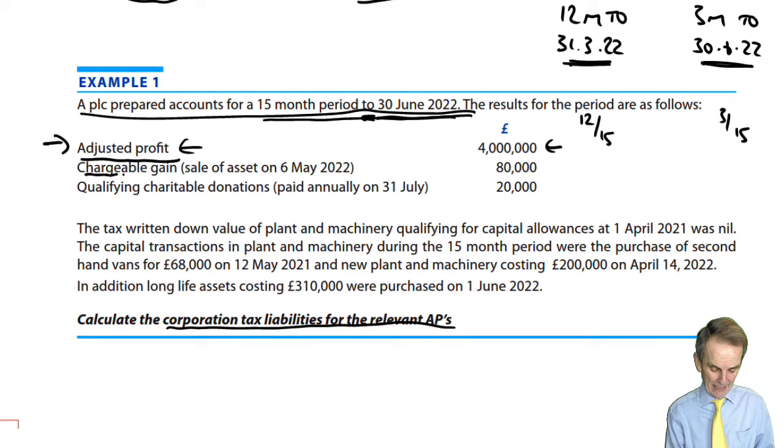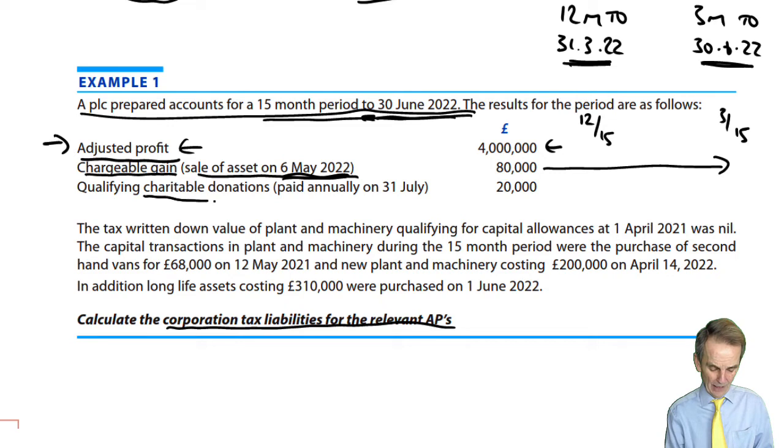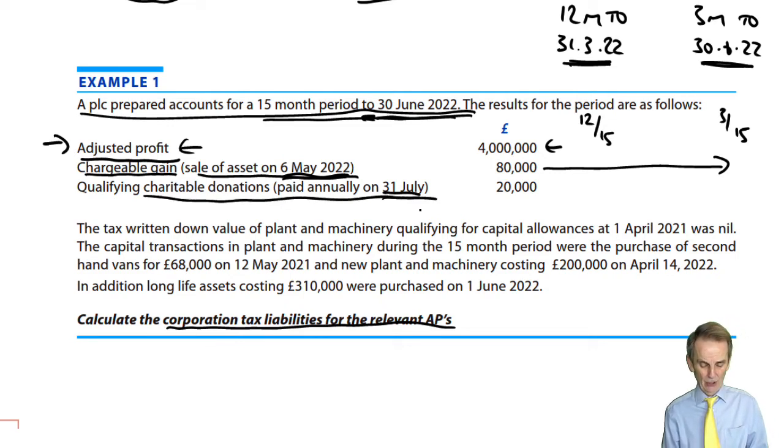The chargeable gain that was made, sale of asset, we look at the date of disposal, the 6th of May 22. Well, into which period does that belong? It doesn't fall in the 12 months to March 22, so that 80,000 is allocated to the second short period. The qualifying charitable donations are paid annually on the 31st of July.